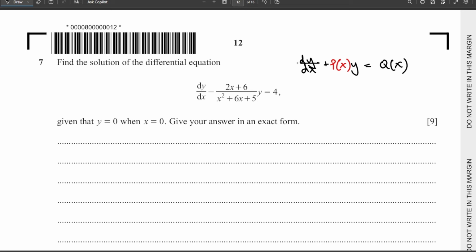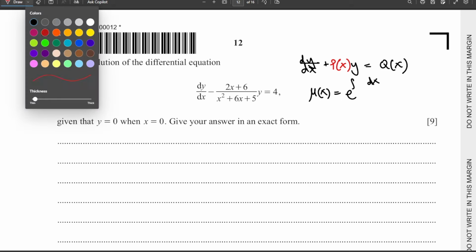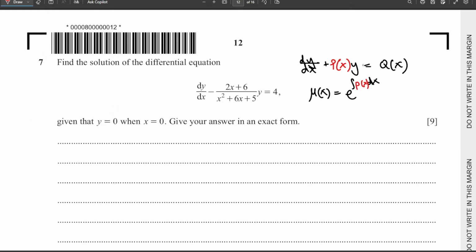You have the derivative added together with a function multiplied by y, the dependent variable, equals another function in terms of x. To solve this type of equation, first we need to use what we call the integrating factor mu of x, which is e to the power of the integral of p(x), whatever function is multiplied with the y.